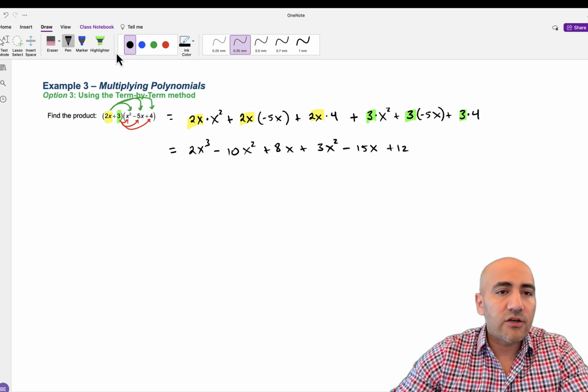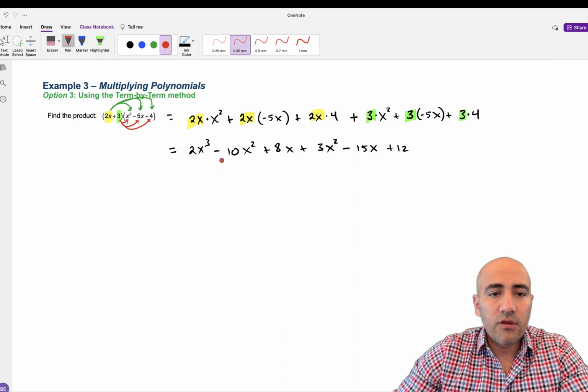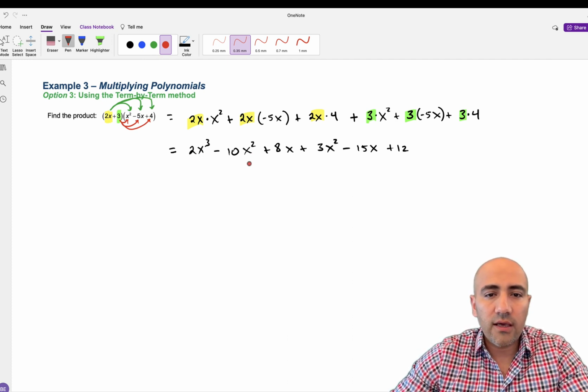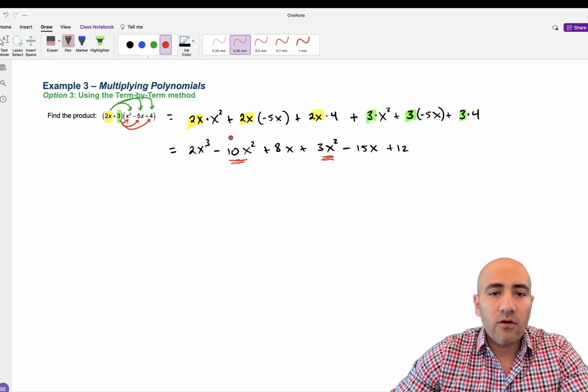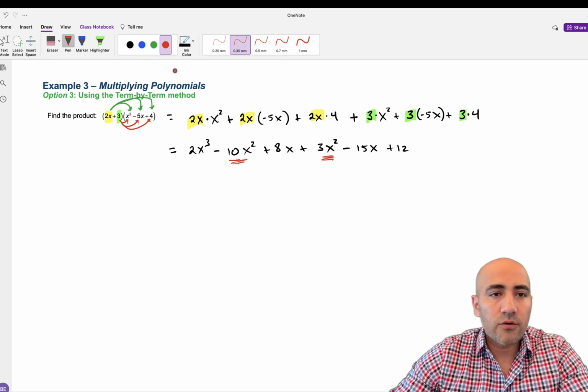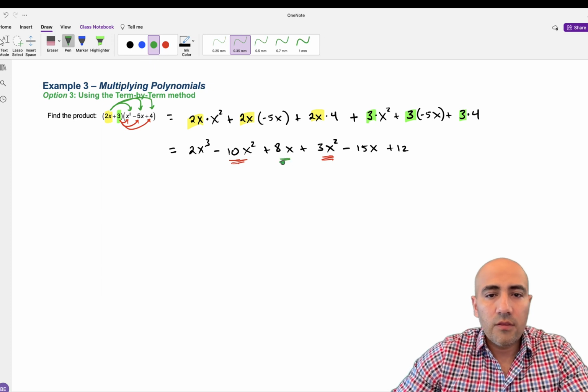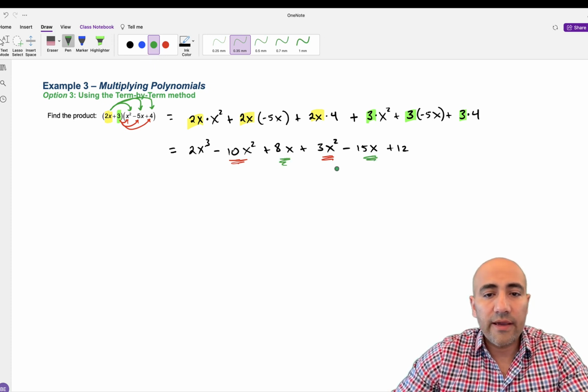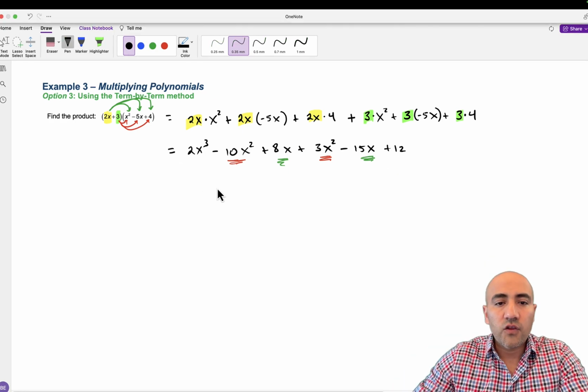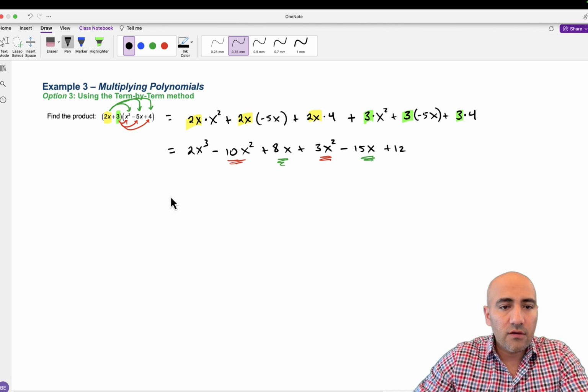And then you combine like terms, as usual. There were no terms with an x cubed. This term and this term combine, and also this term right here and this term combine. They both have power 1. And there are no other constants except the 12. So then we combine like terms.